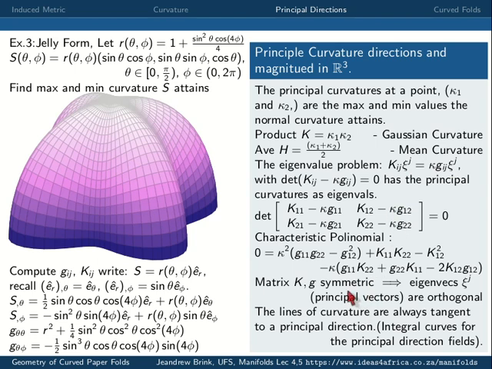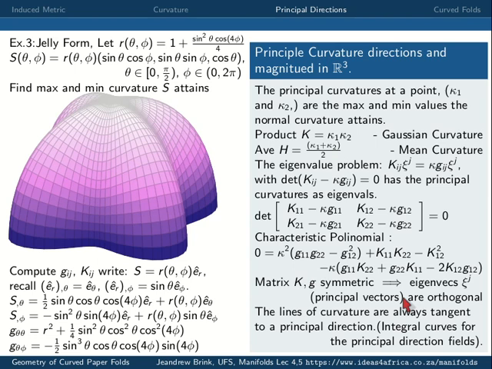The eigenvectors of a symmetric matrix are what? Orthogonal, yeah. The eigenvectors of a symmetric matrix are always orthogonal. So this not only gives you the maximum and minimum curvatures, the eigenvectors associated with the maximum and minimum curvatures are orthogonal, at 90 degrees to each other.